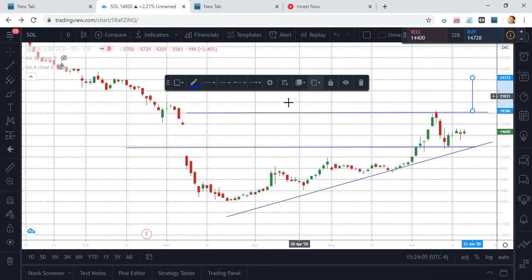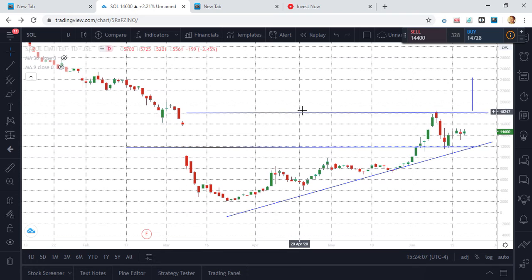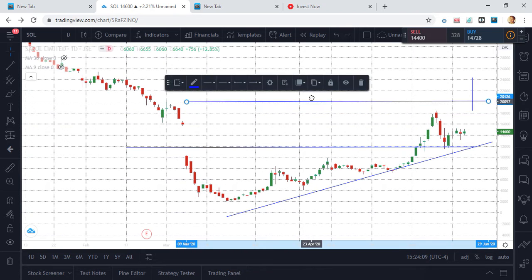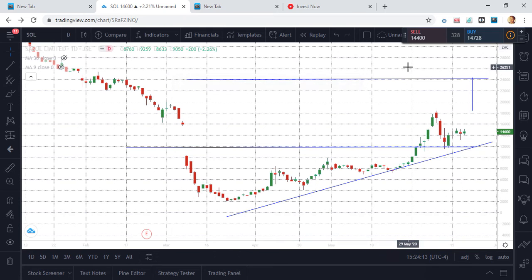We can see now that we have another milestone that we need to overcome. We have a strong support and resistance there that we'll also need to break.